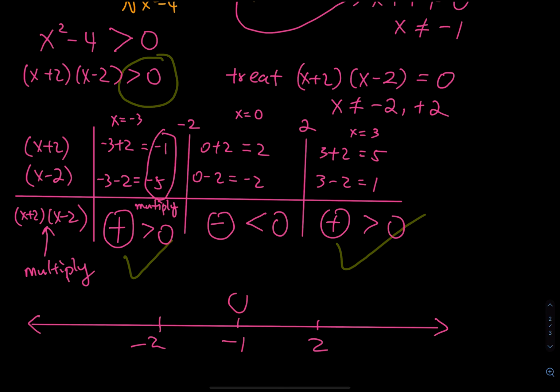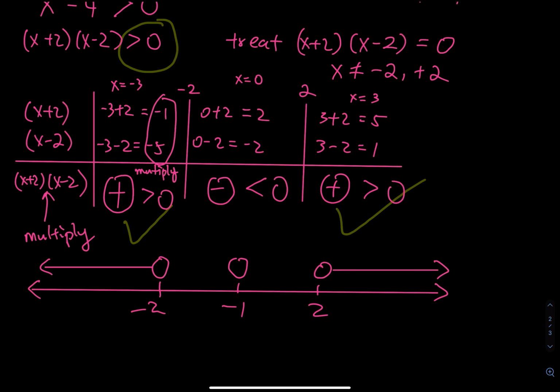So this no -1, right? And then we want to take less than -2, and then we want to take greater than 2. So what does that mean? That is from -infinity to -2, and then from 2 to positive infinity.